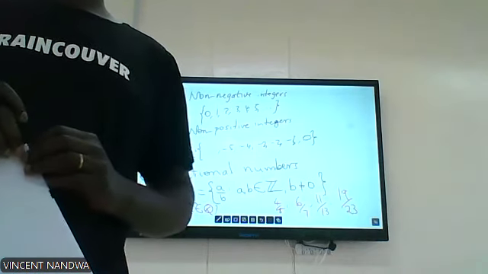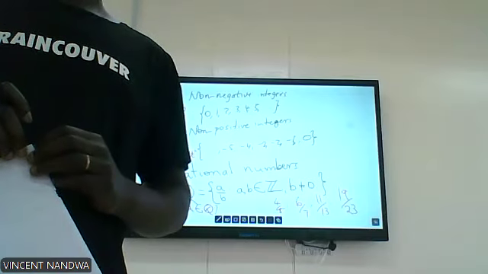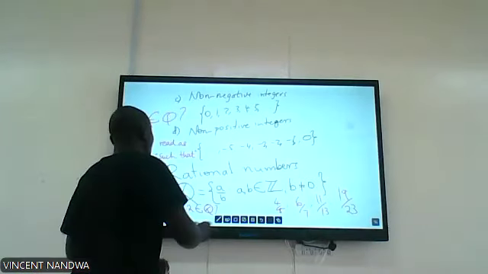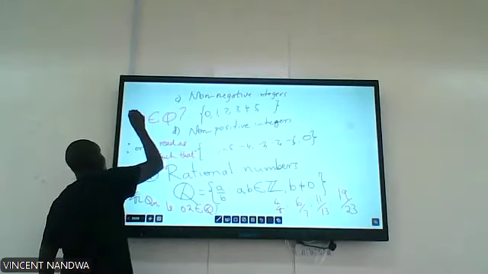Why? Okay, maybe you are not happy that way. Let me say 10. Is 10 a rational number? Why? It can be written as 10 over 1, okay? 10 over 1 is a ratio of integers.